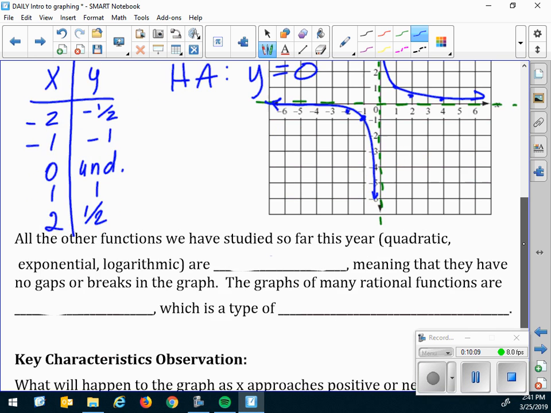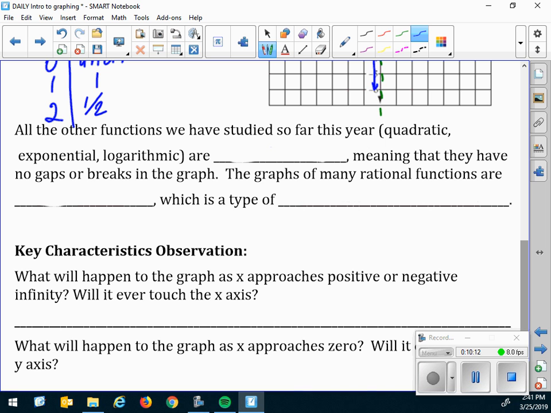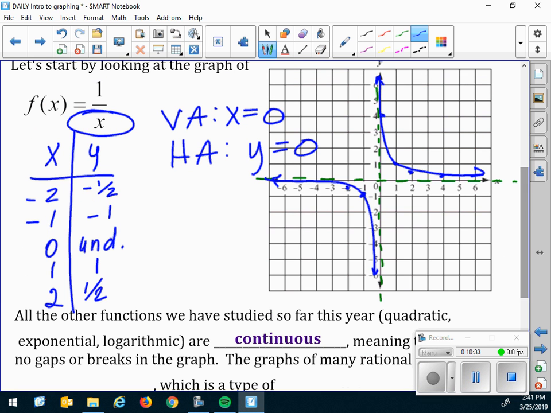Now, this piece down here is not on your paper. All the other functions we've studied so far this year are what we call continuous. Do you know what continuous means? It means that if I start graphing it, I never have to lift my pencil. Do I have to lift my pencil when I'm graphing this one?